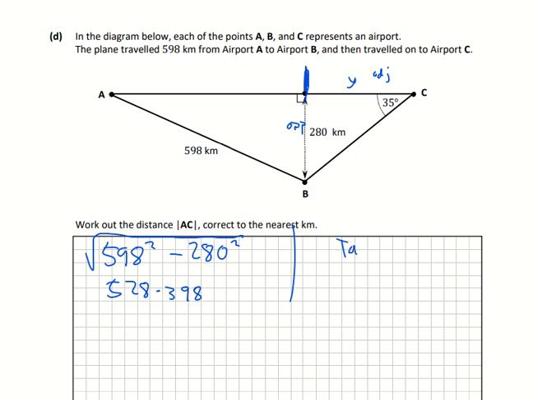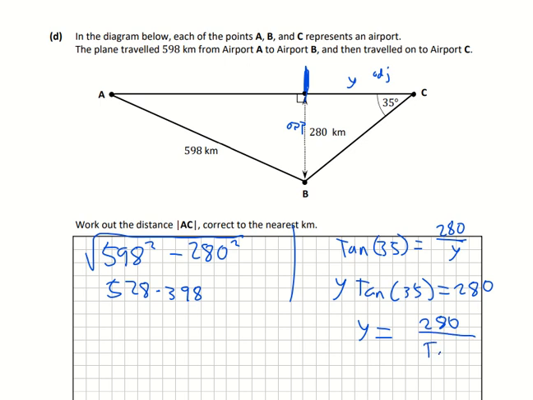Therefore, tan of 35 is equal to 280 over y. Then if you move the y to the other side, you get y tan 35 is equal to 280, and y is equal to 280 over tan 35.